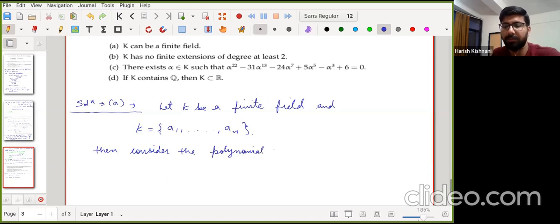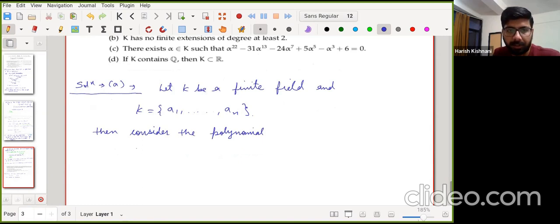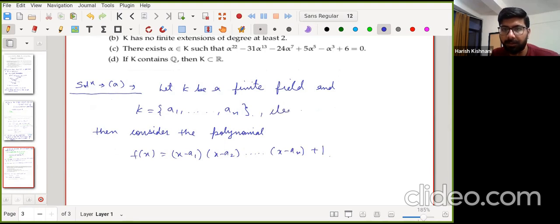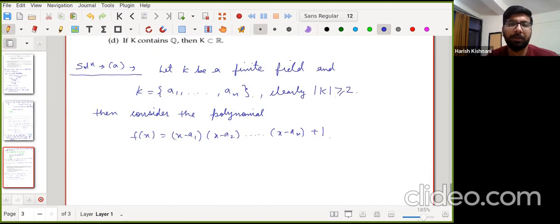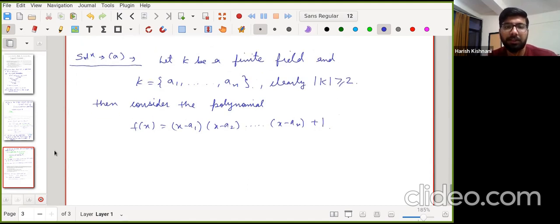Let me just define this polynomial f(x) to be (x minus a1)(x minus a2) dot dot dot (x minus an) plus 1. Okay, so as this is a field, clearly you have cardinality of K to be greater than or equal to 2, because the field must have size at least 2, the additive identity and the multiplicative identity should be there distinctly. So you consider this polynomial.